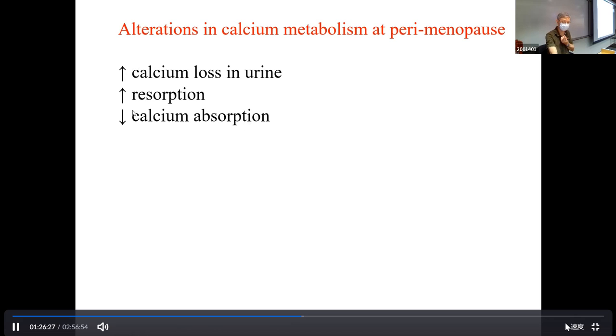All three, or any one of them, could change the balance of calcium in your body and put you at high risk of losing more bone mineral, and therefore increased risk of osteoporosis.